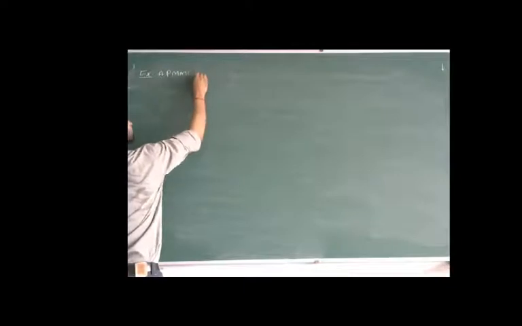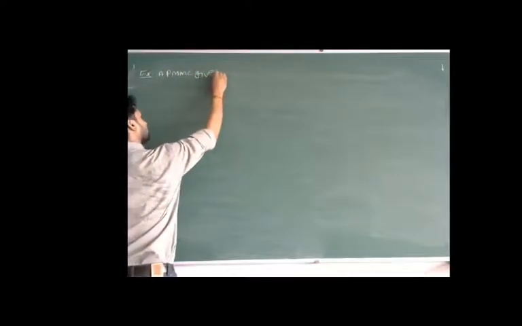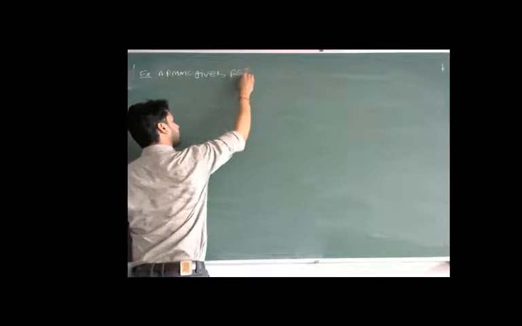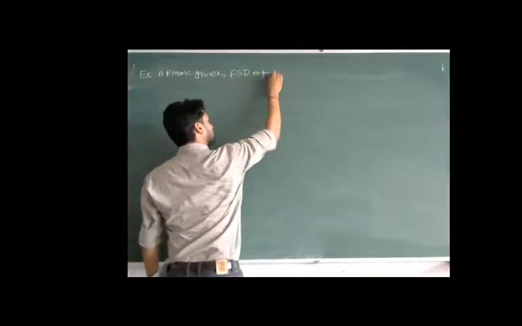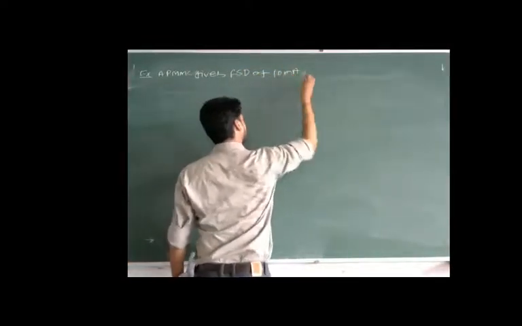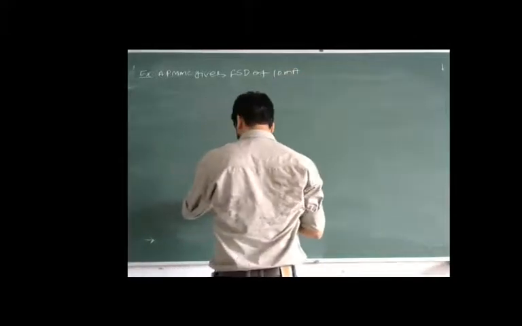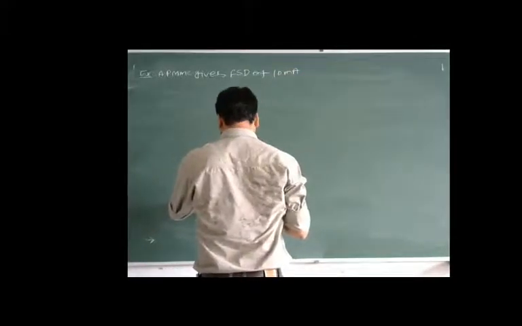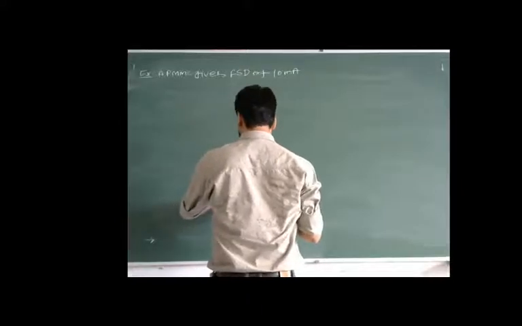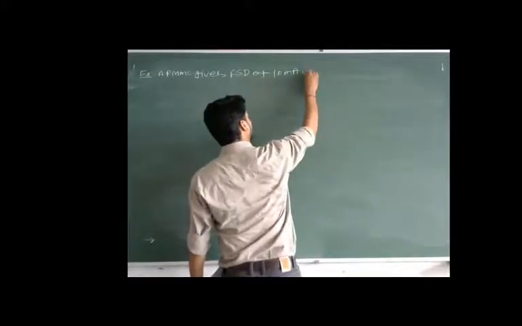The question says that a PMMC gives a full scale deflection of 10 milliampere when the potential difference across its terminal is 100 millivolt.